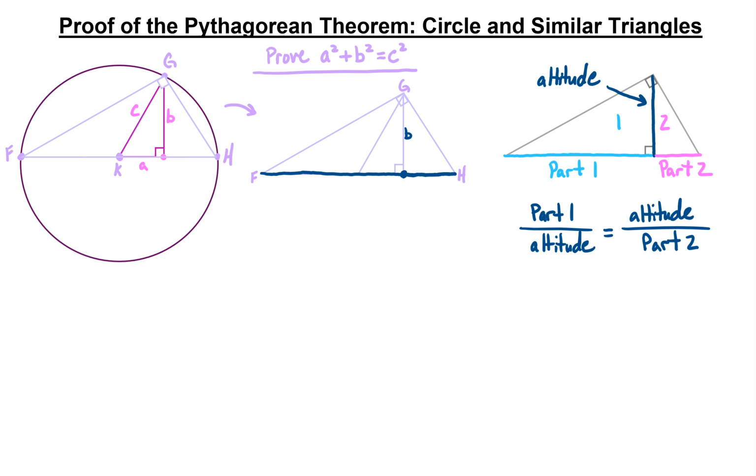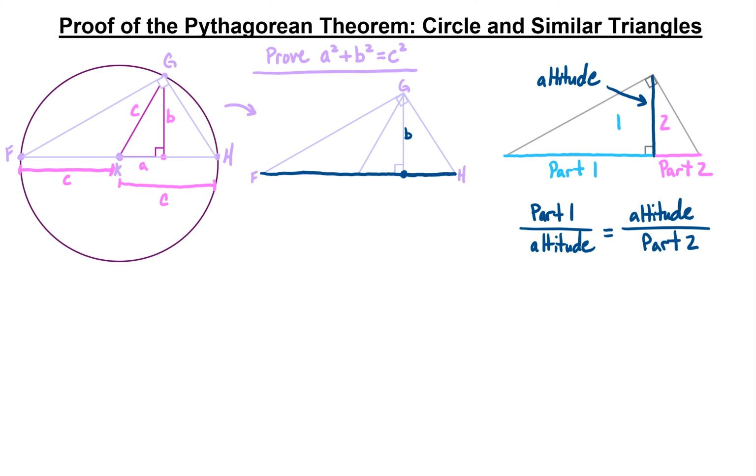Okay, so the way that we're actually going to find this is based on the radius of the circle, which was c. So if we take a look back over here to the circle, we know that this length from F to K is a radius of length c. Similarly with the length from K to H, that will also give us a length of c, because that is also the radius of the circle.